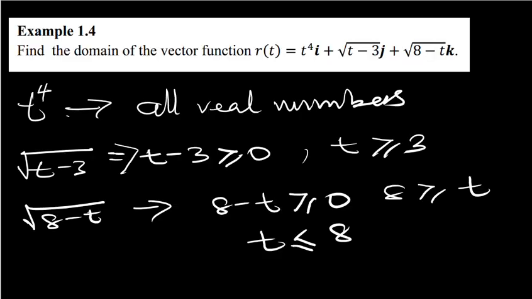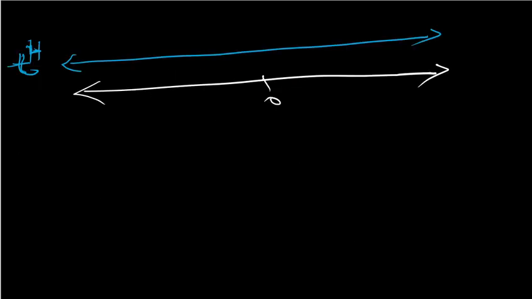Then the second function, the square root of t minus 3, is defined when t is greater or equal to 3.